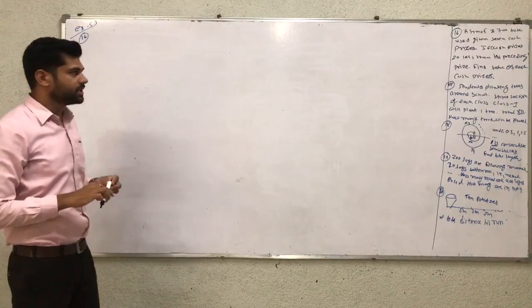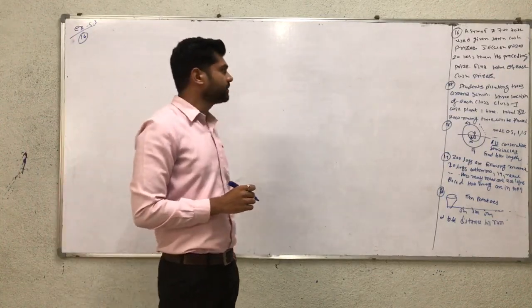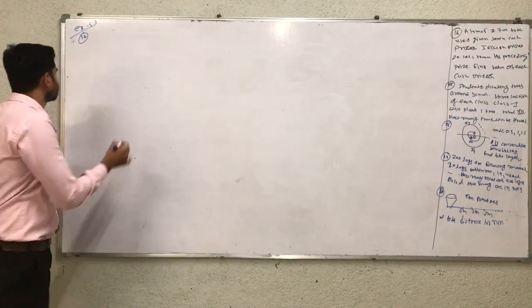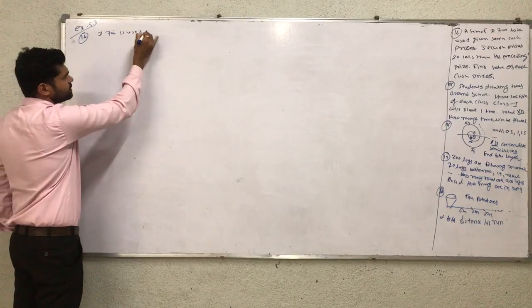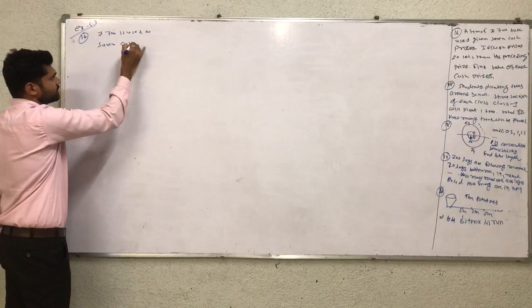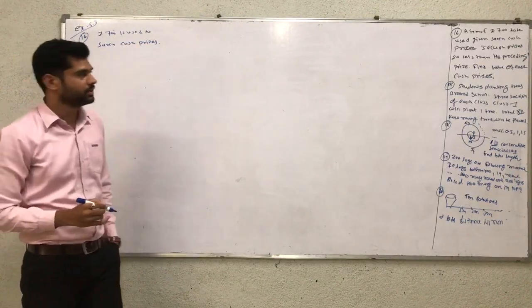In question number 16, a sum of rupees 700 is used to give 7 cash prizes. Now the total number of prizes is 7.